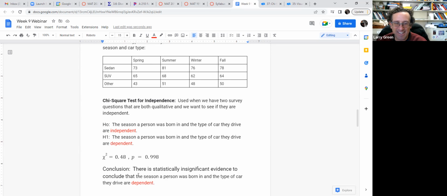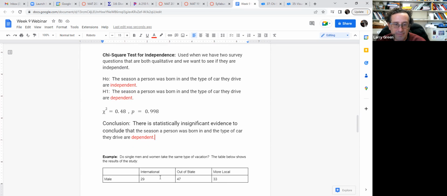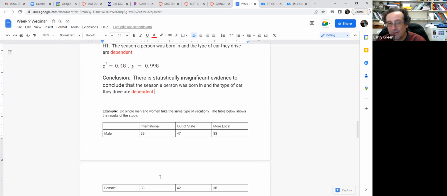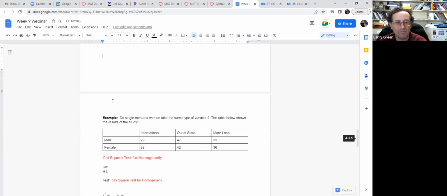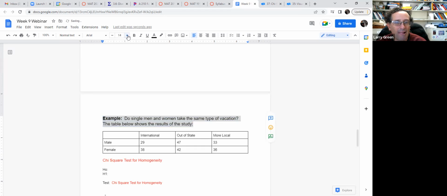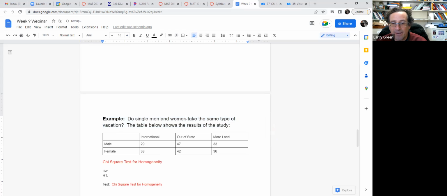Any questions at all on this conclusion? Any questions? Okay, so here's another example. Do single men and women take the same type of vacation? The table below shows the results of a study, and they looked at people that said they were male and people that said they were female.